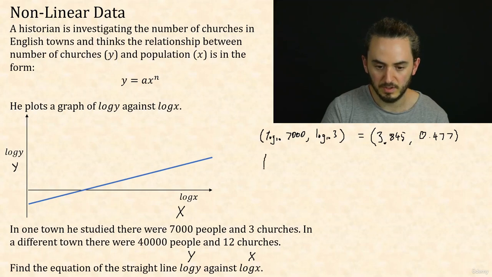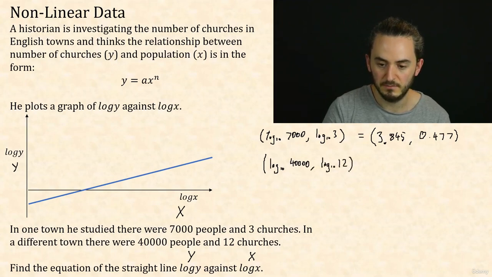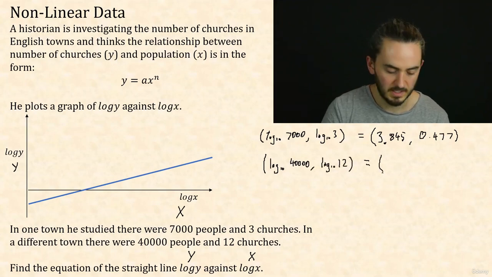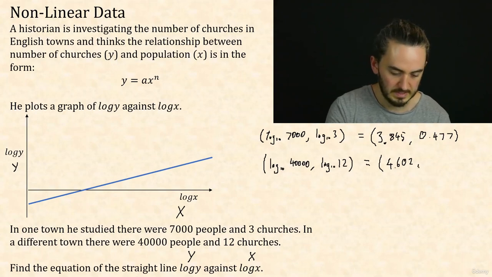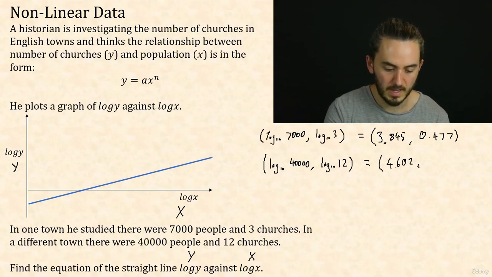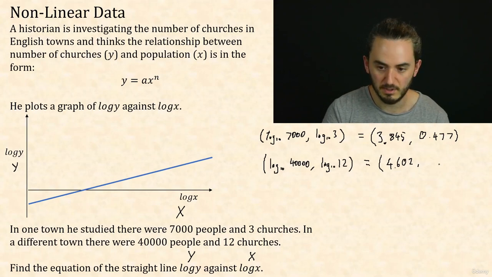My next coordinate, for the other town, is log base 10 of 40,000 people against log base 10 of 12 churches. Log base 10 of 40,000 is 4.602. You see how much logs crush numbers by. You take a massive number like 40,000, take the log of it, and it's just 4.6. And then log base 10 of 12 is 1.079.